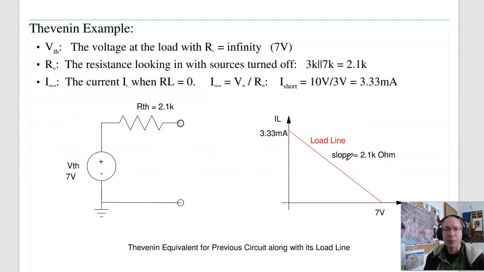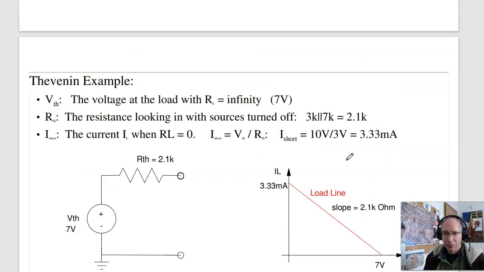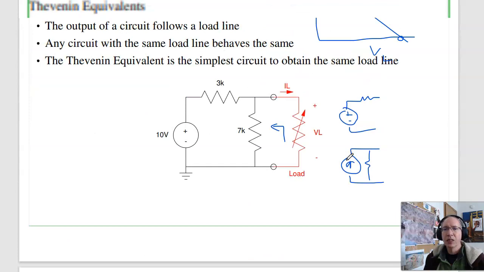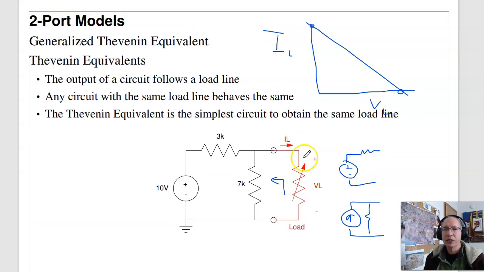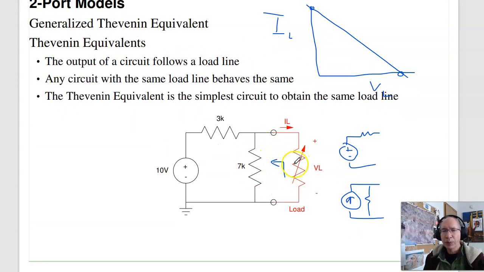So, for example, let's go back to the circuit. For this circuit, to draw the circuit equivalent, if I open up the circuit right here, the open circuit voltage will be 7/10, 7 volts. If I were to short it, I'll have 10 volts over 3K, 3.33 milliamps. That's the y-intercept.